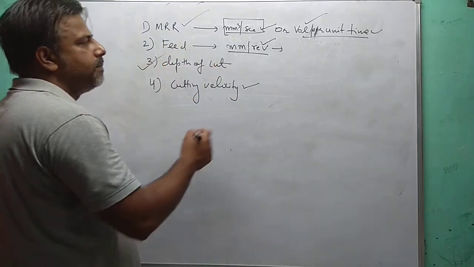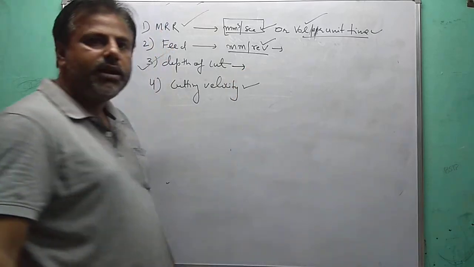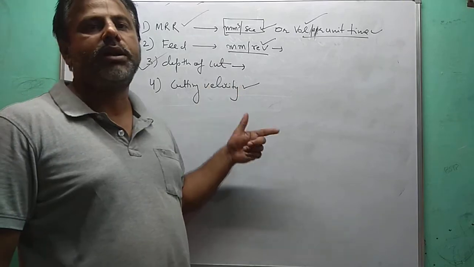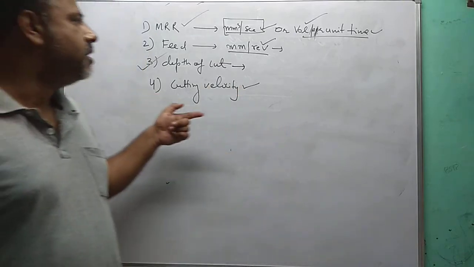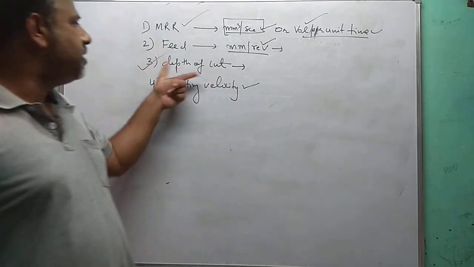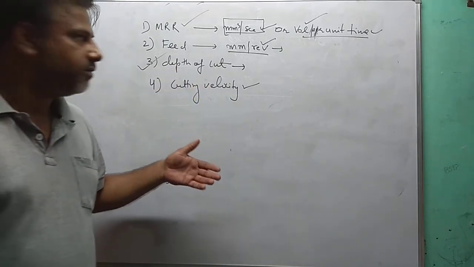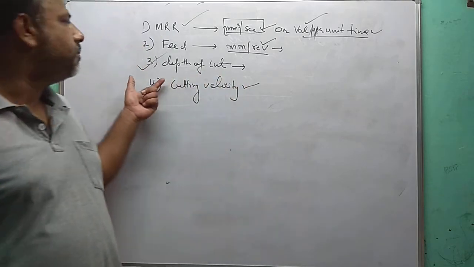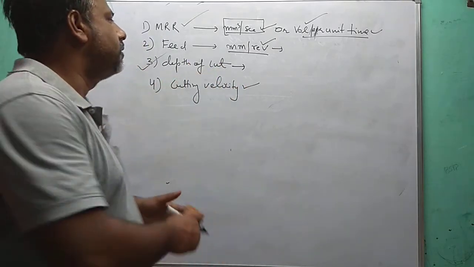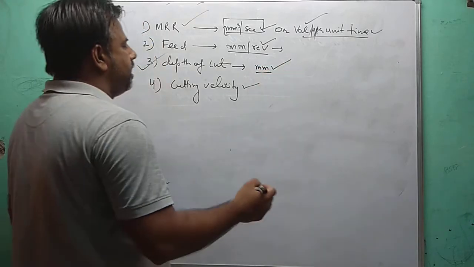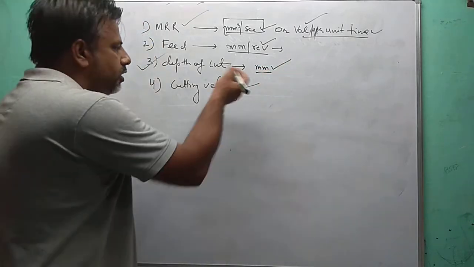Depth of cut is the perpendicular distance traveled by the cutting tool, with reference to the cutting velocity vector, per pass. It is in mm, and it is denoted by small d.